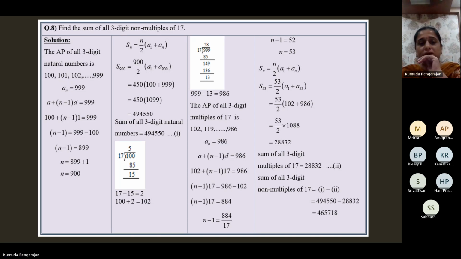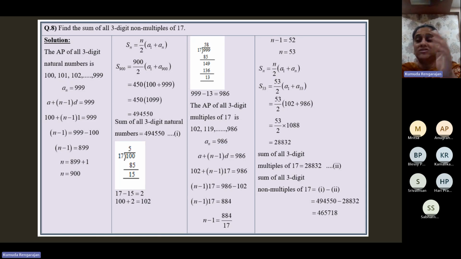Multiples. Because the 3-digit non-multiple, why are we not finding the answer straight away? That is, why are we not generating the AP of 3-digit non-multiples of 17 and finding the sum straight away?